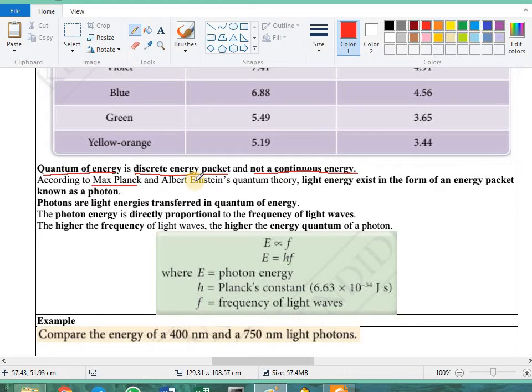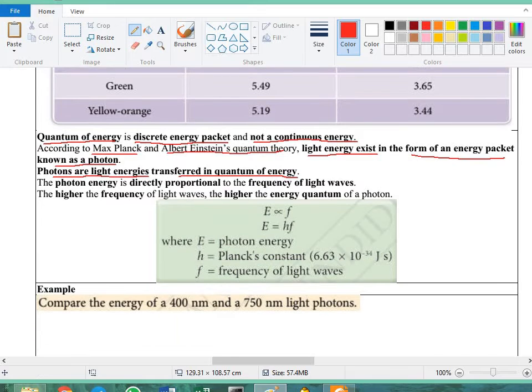According to Max Planck and Albert Einstein's quantum theory, light energy exists in the form of an energy packet known as photon. Photons are light energy transferred in quantum of energy. So basically, quantum of energy is a discrete amount of energy.